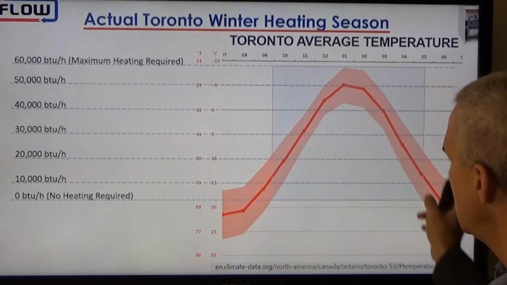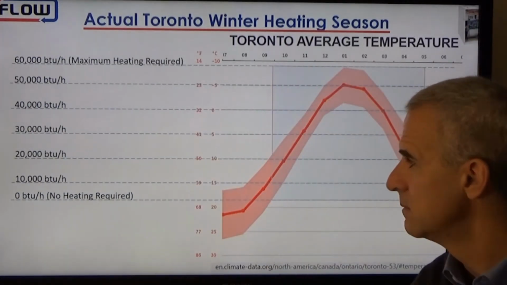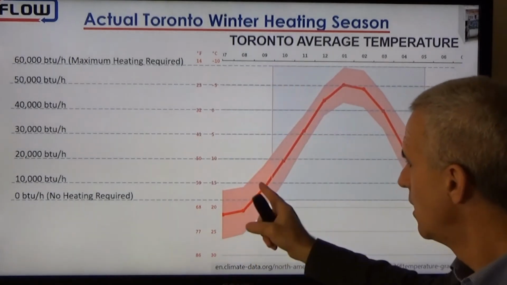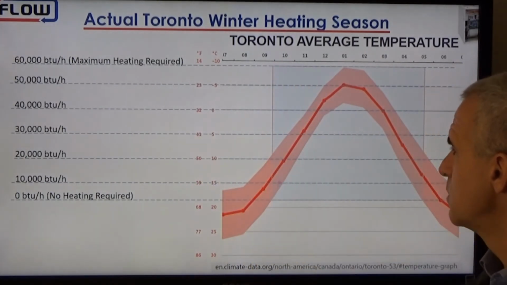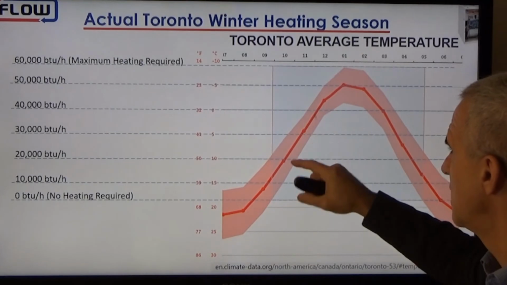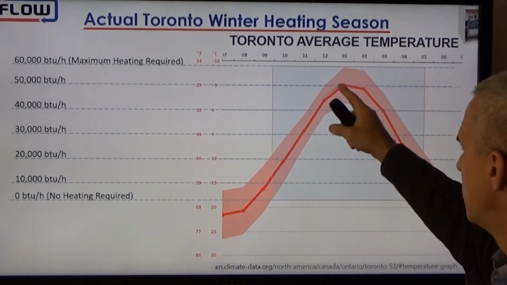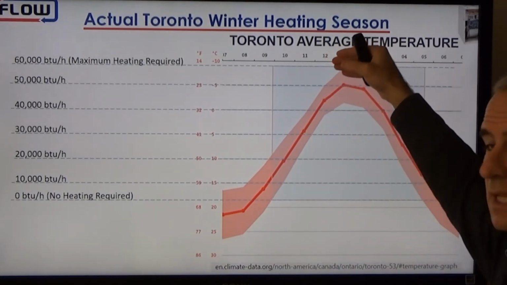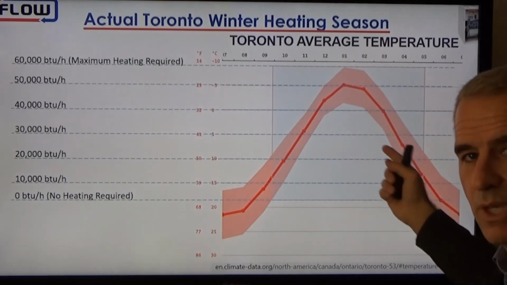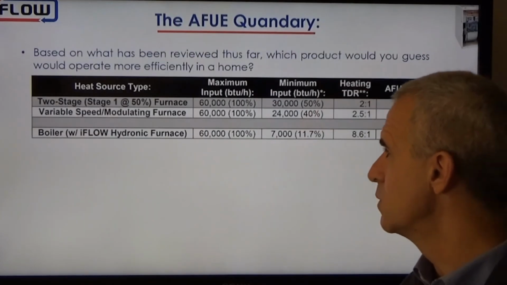Again, through the heating season, this does not change. So it should be able to deliver when we need 10,000 BTUs, 20,000, 30,000, 40,000 in the fall, and it should be able to deliver at peak, but it should also be able to deliver those part loads in the spring as well.